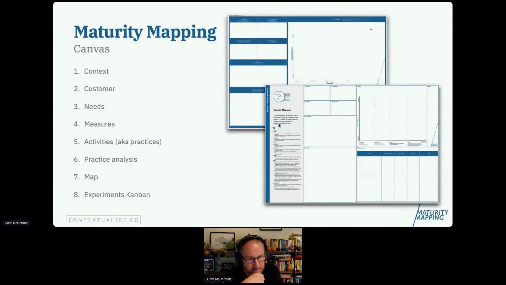So we focus on activities. We then do practice analysis, which we show with maps. It's a mapping canvas. We use a Wardley map, and then we experiment, and we use the maps to hold the context, and then use the experiment plans to have that feedback loop.